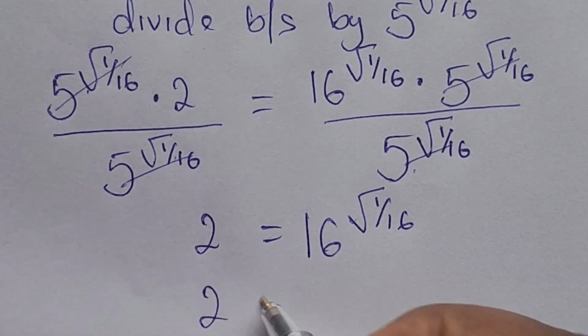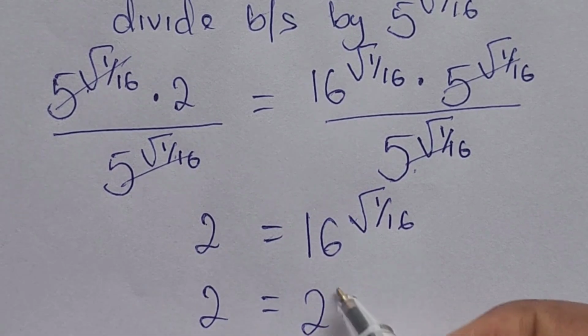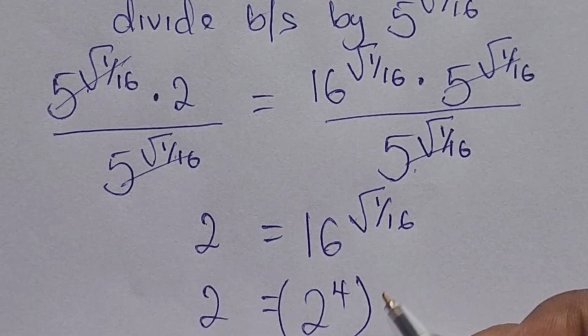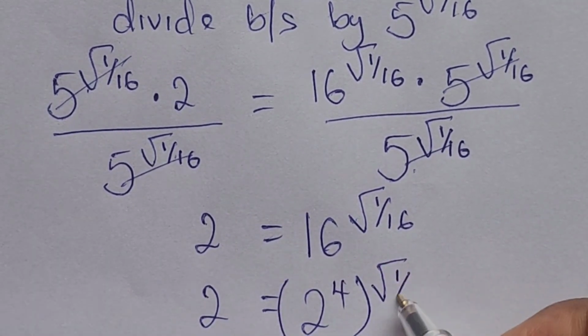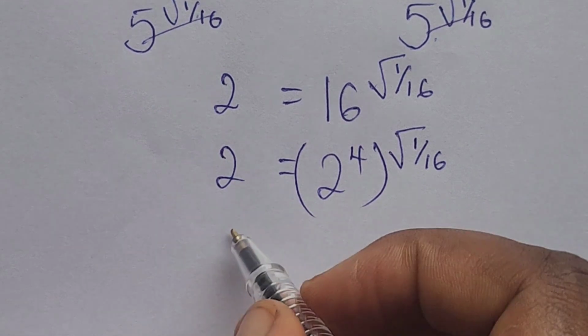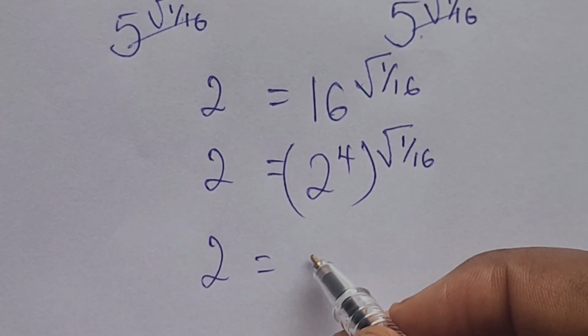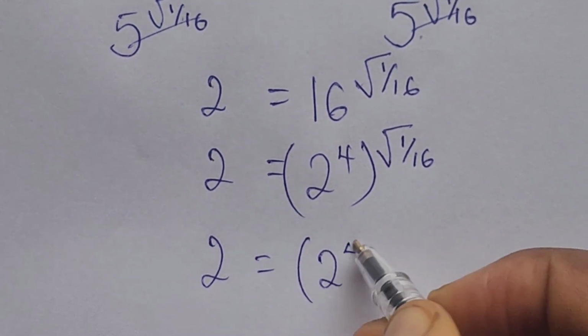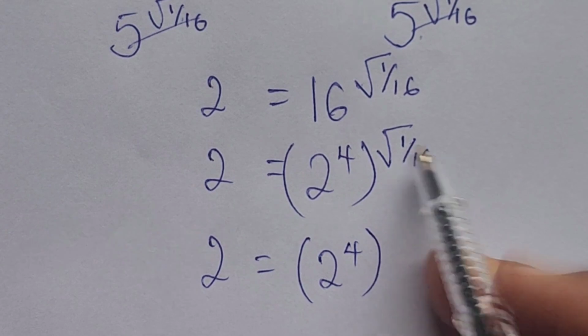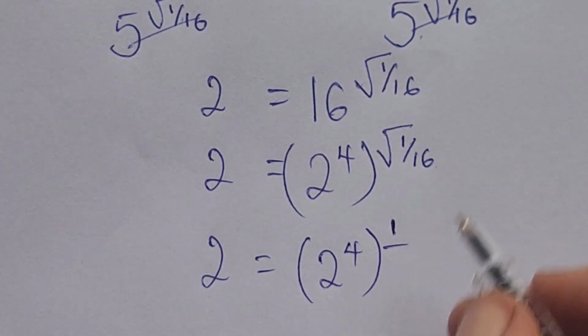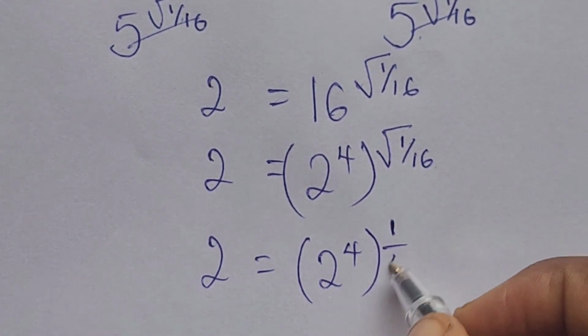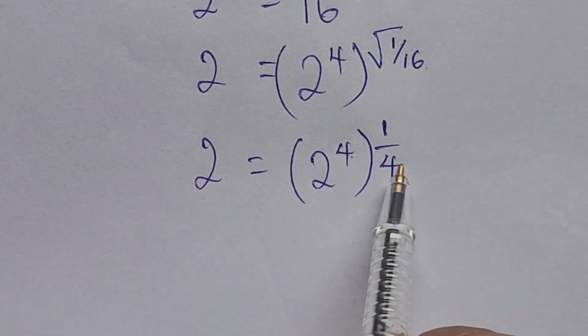So this will give us 2 to be equal to 2 to the power of 4 further raised to the power of root 1 over 16. Resolving this, we have 2 to be equal to 2 to the power of 4. The square root of 1 is 1 and the square root of 16 is 4. This will cancel out this.